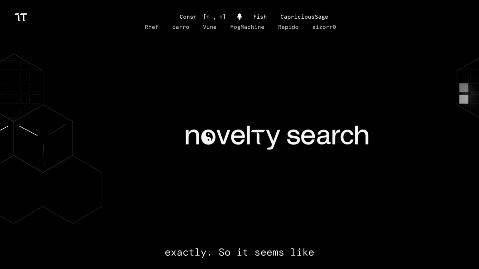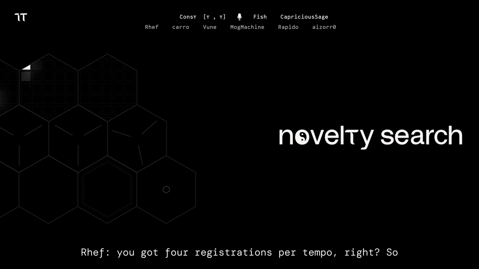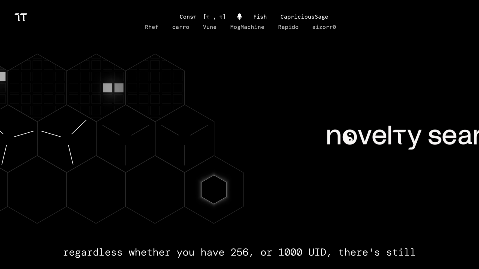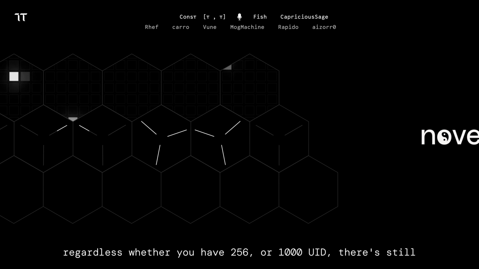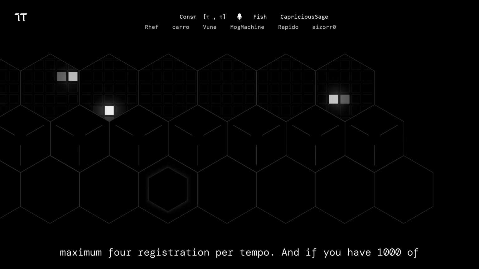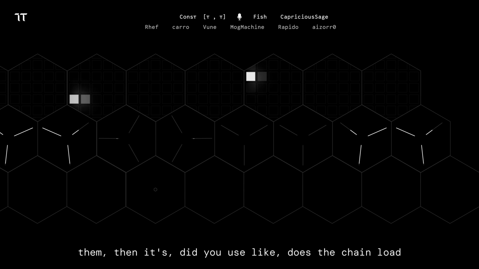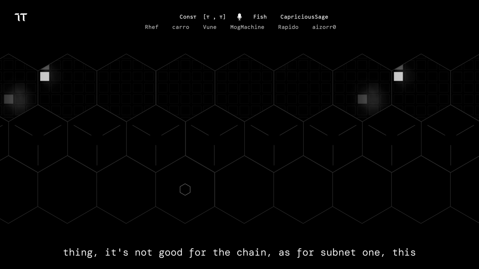Yeah, exactly. So it seems you get 4 registrations per tempo, right? Regardless of whether you have 256 or 1000 UIDs, there's still a maximum of 4 registrations per tempo. And if you have 1,000 of them, it's not good for the chain load.